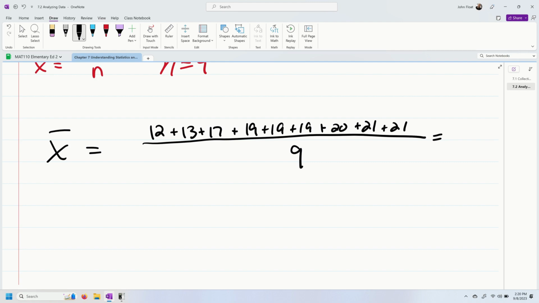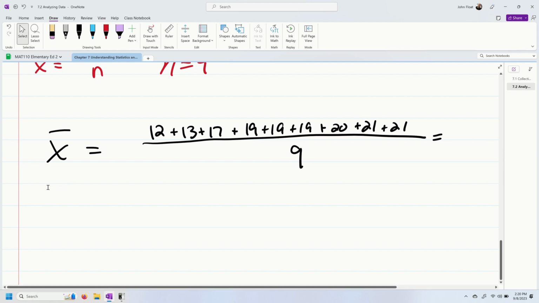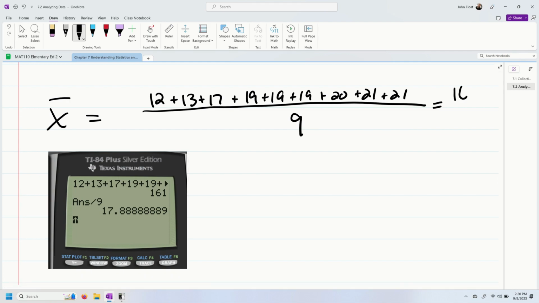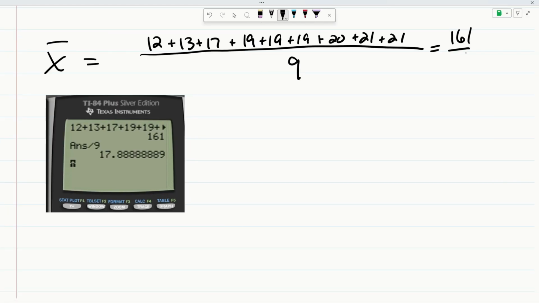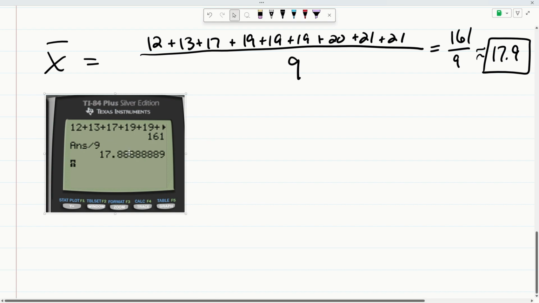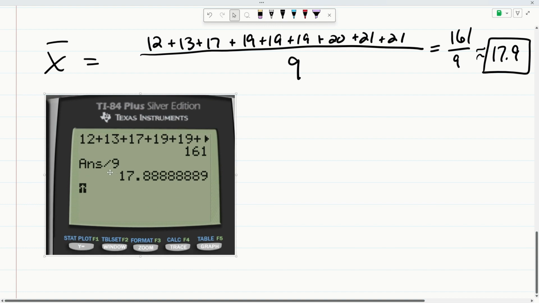So we end up getting 161 over 9, which is approximately 17.9 rounded to 1 decimal place. And we have our calculator screenshot here. That just shows what we did.